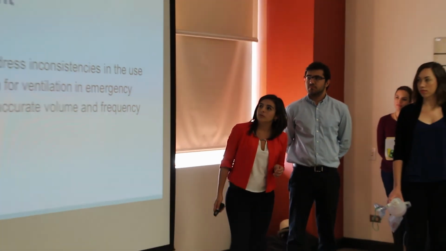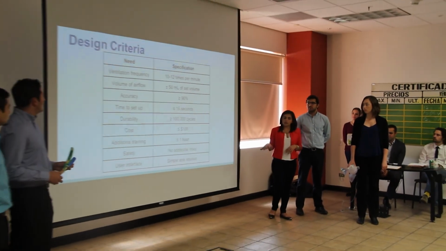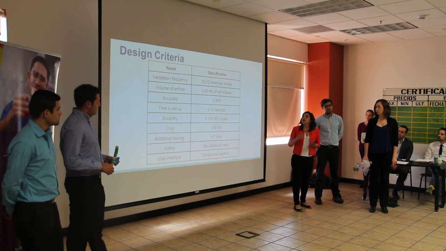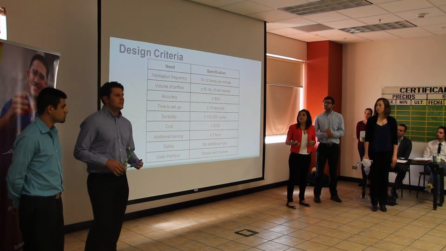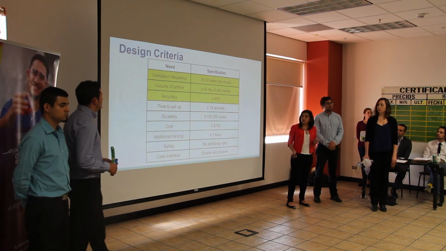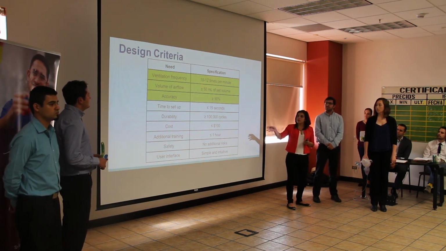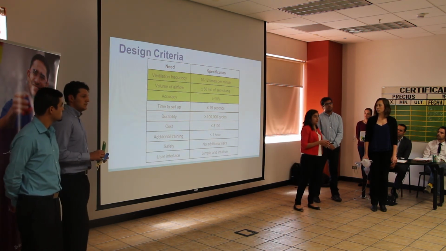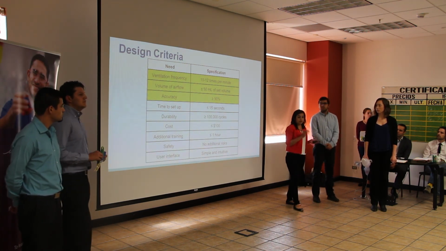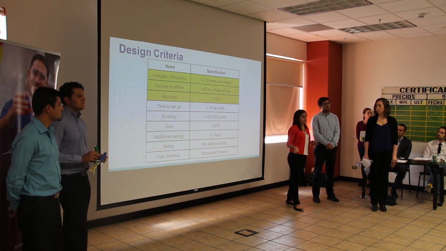Also, based on this and what my partner mentioned, we established some design criteria in which we focus on ventilation frequency, that it has to be between 10 to 12 times per minute.